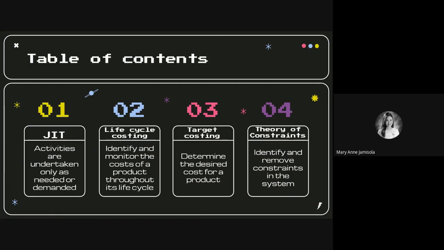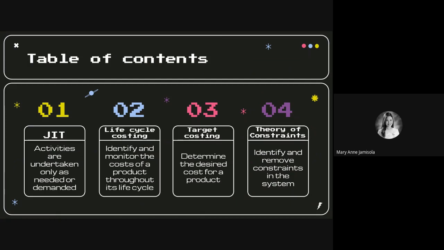So JIT is a production system that is also known as the pull it through approach, in which materials are purchased and units are produced only as needed to meet actual customer demand. In a JIT system, inventories are reduced to the minimum, and even in some cases, the inventories are zero.